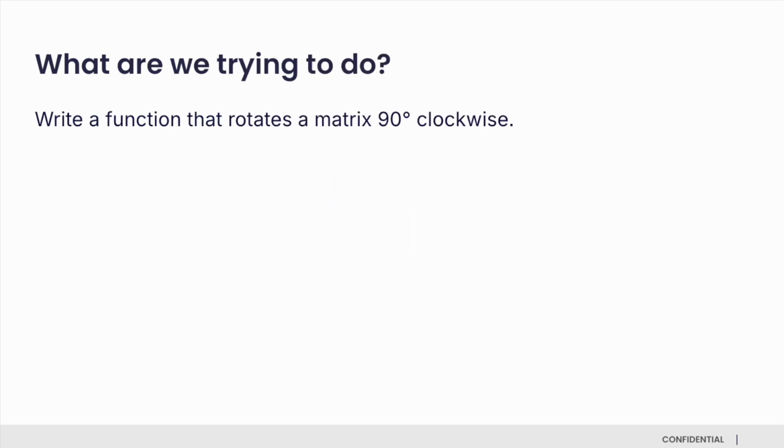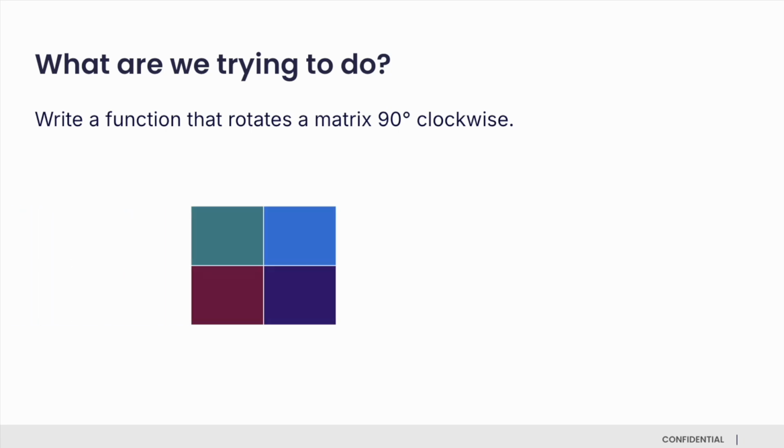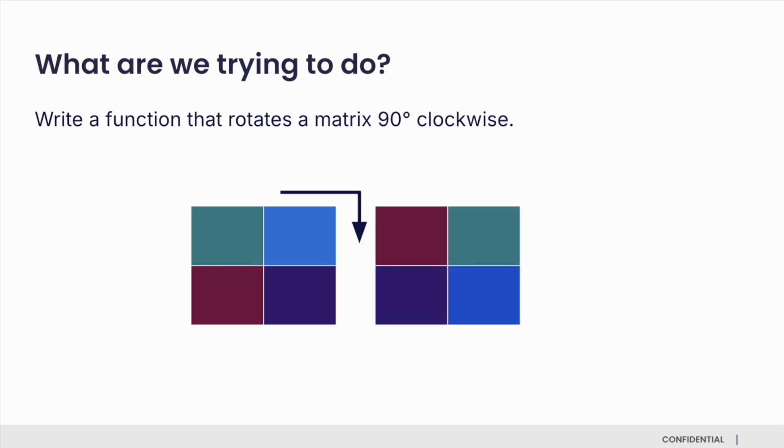The problem we're trying to solve today is writing a function that rotates a matrix 90 degrees clockwise. As you can see, we start with this square just to visually represent how things rotate. It's divided into 4 distinct colored quadrants, and our goal is to rotate that square 90 degrees clockwise. So watch as each quadrant shifts into its new position.